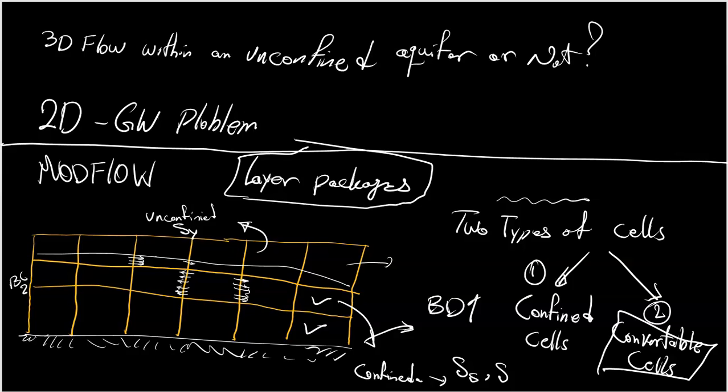But remember that in this area, which is unconfined, everything is 2D, and for example, the Dupuit assumption is even much more valid here. So these were two important things that I wanted to clarify.